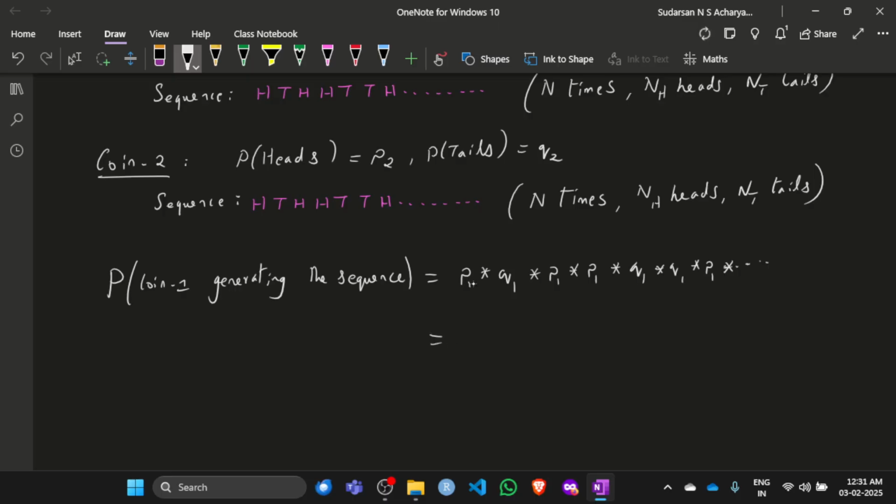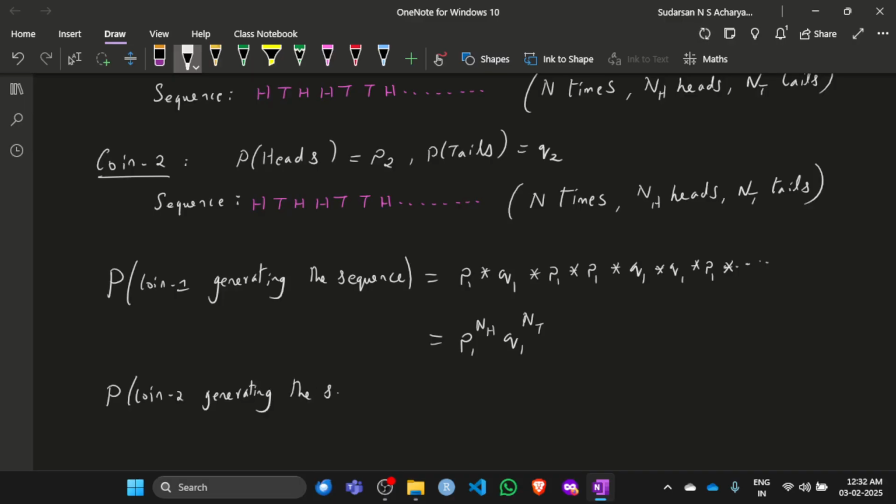So here this is P1 multiplying how many times? nh times, because nh is the number of heads, and Q1 is multiplying nt times, because nt is the number of tails. So this is the probability of coin 1 generating the sequence. Now what's the probability of coin 2 generating that exact same sequence?